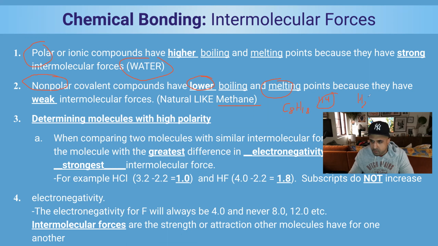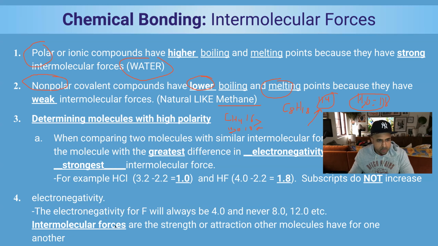Water only weighs about 18, right? Since this molecule is much larger, it has a higher boiling point. But methane, CH4, has a mass of about 16, and water we said was 18. So when you have similar mass, the one that's polar is going to have a significantly higher boiling point, right?